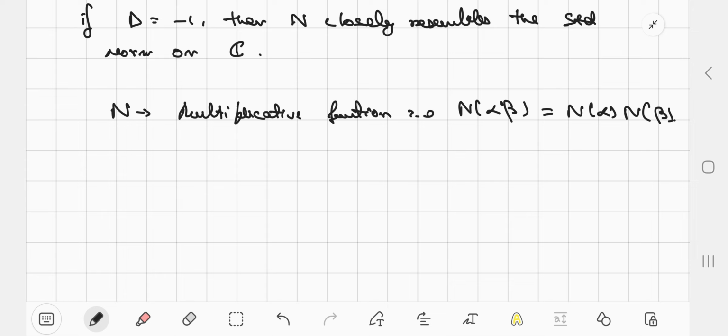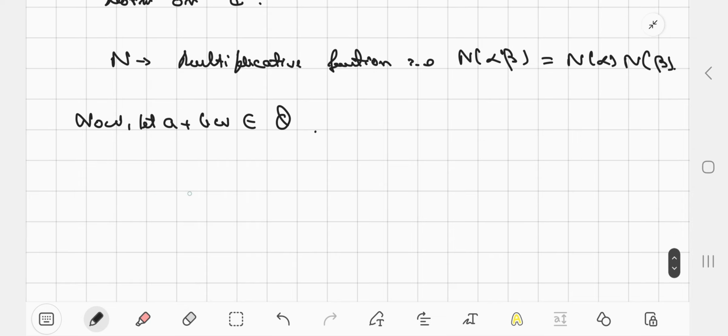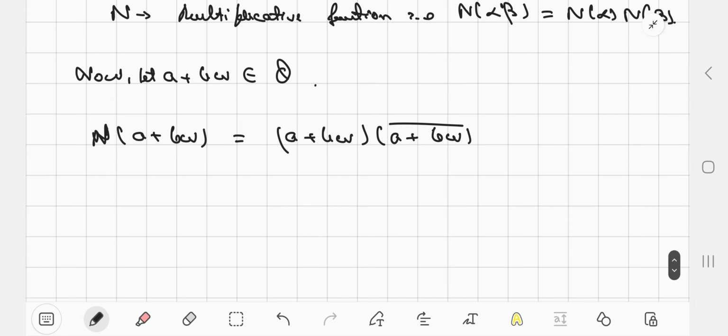Now, suppose I choose an element from theta. Say a plus b omega belongs to theta. Then what is the norm of a plus b omega? By definition, it is a plus b omega times a plus b omega bar. Now a plus b omega bar is basically a minus b omega.